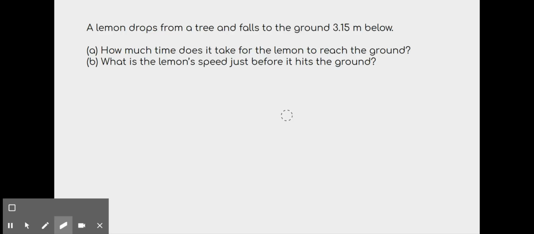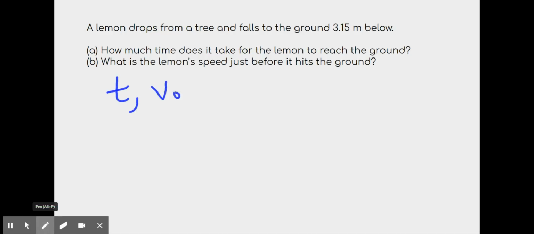Okay, so let's go ahead and do this last part for B. So we just found t. So now we know the time. We know our initial velocity. We know our acceleration. We know information about the position. So we know x, we know x naught, but we want to find v final, or v.